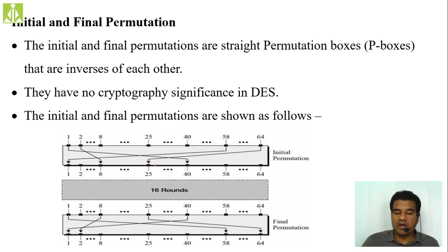The same operation, applied in reverse order after the 16 rounds: when we shifted the first bit to the 40th bit in the initial permutation, the 40th bit will be shifted to the first bit in the final permutation. Likewise, they are just inverse to each other.